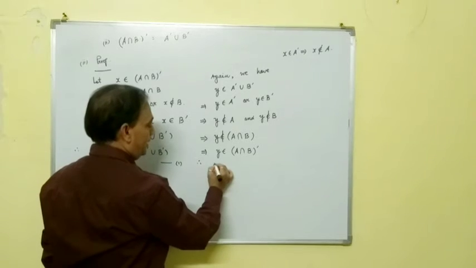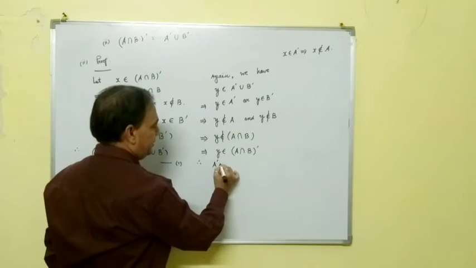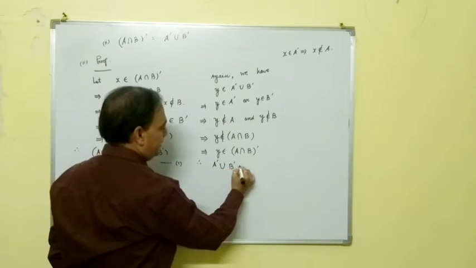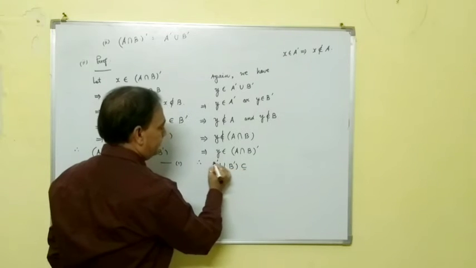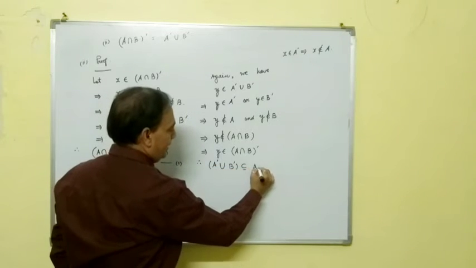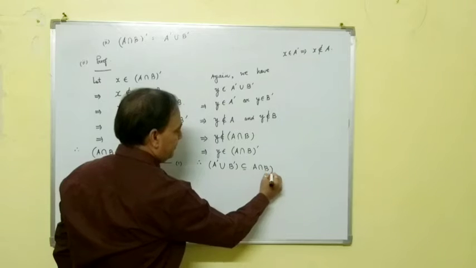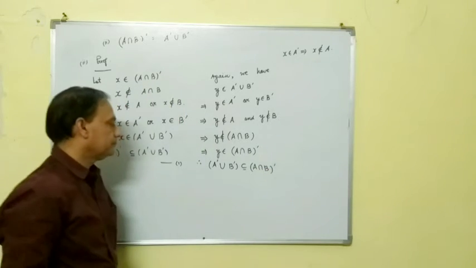Therefore, A complement union B complement is a subset of the complement of A intersection B. This is 2.